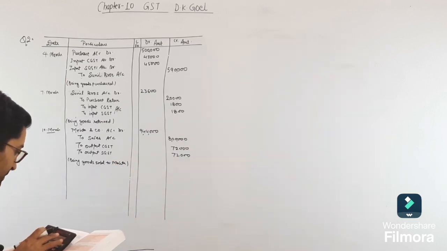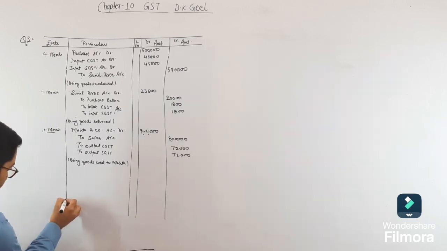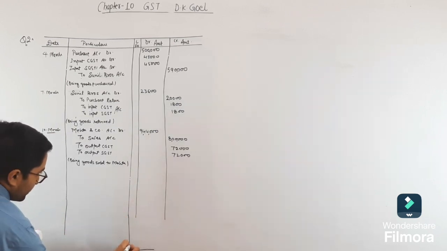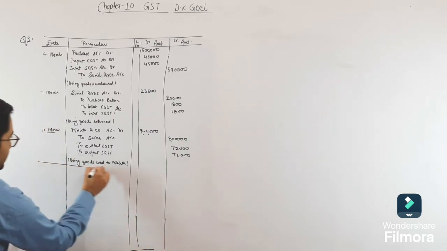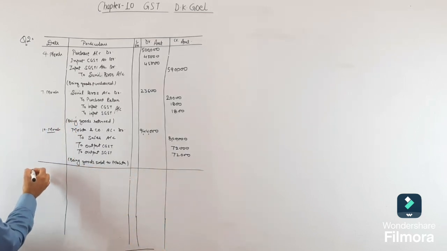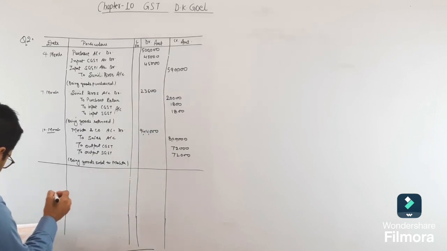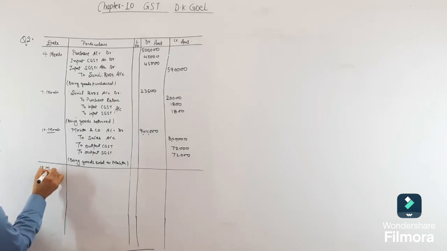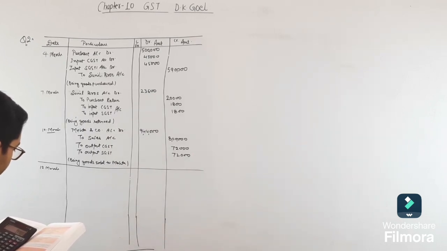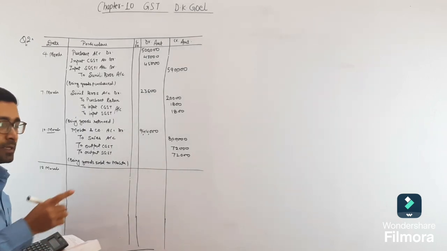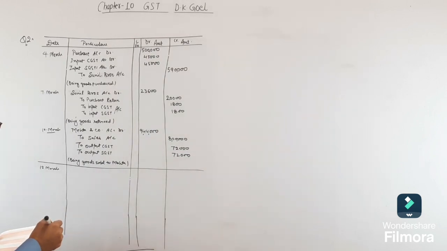Now the next point is 12 March: goods returned by Mehta and Company for rupees 30,000. Okay, this is the reverse of the previous entry.